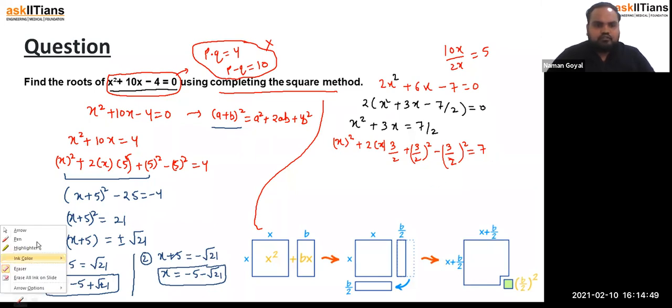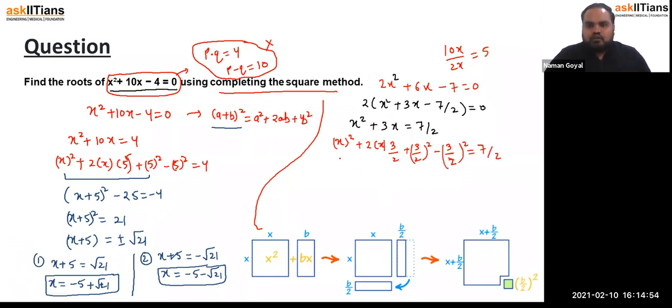So now the quantity up to this part is a square plus 2ab plus b square, which is x plus 3 by 2 whole square. Now this is 9 by 4, so we can take this 9 by 4 to that side, so it becomes plus 9 by 4. So it gives 7 by 2 plus 9 by 4.